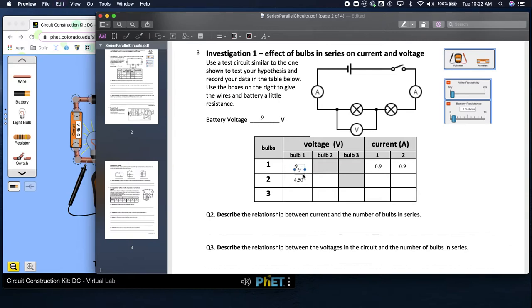I'm just going to copy and paste that. So now let me ask you this. How much voltage is our battery putting out? 9 volts. 9 divided by 2 is? So that means each bulb is using 4.5 volts.